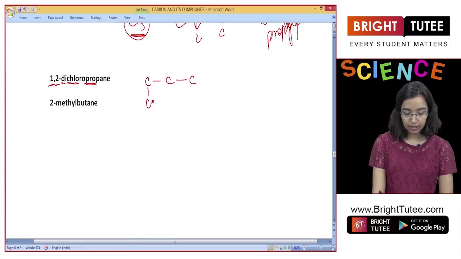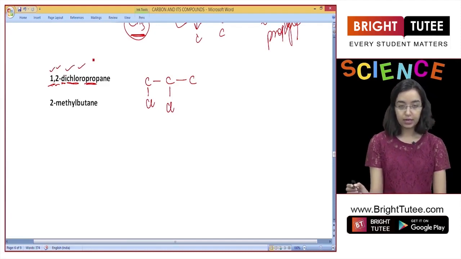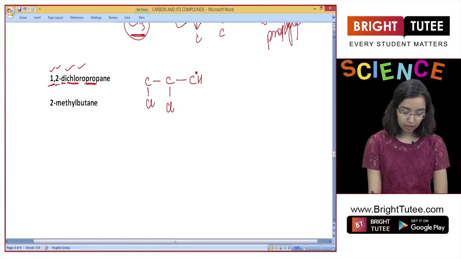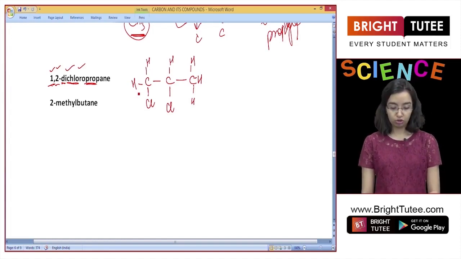So this is my first, I attach a chlorine here. This is my second, I attach a chlorine here. So I've covered the 1 and 2 positions, I've satisfied the 2 chlorines, and it's a propane. Now I attach the remaining hydrogen atoms. Whatever the remaining positions are, you fill them with hydrogen. And this is my structure of 1,2-dichloropropane.